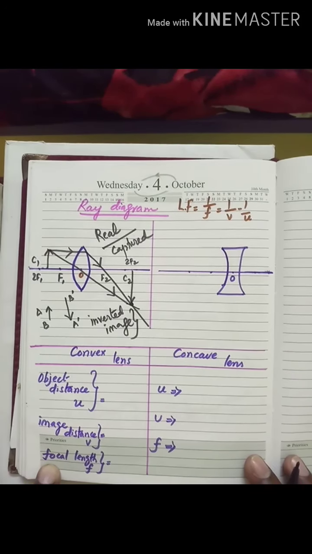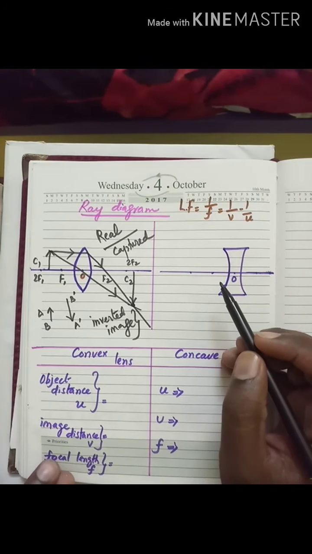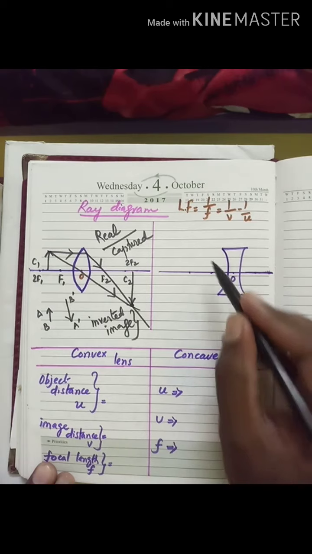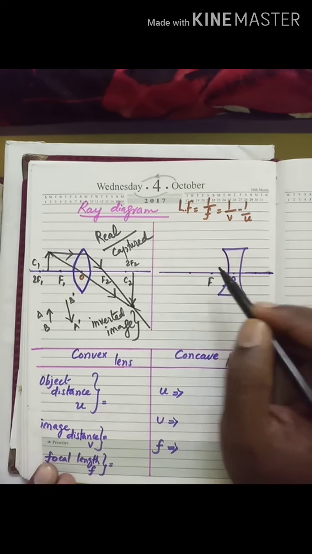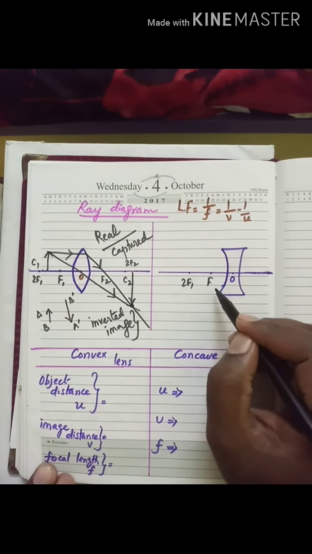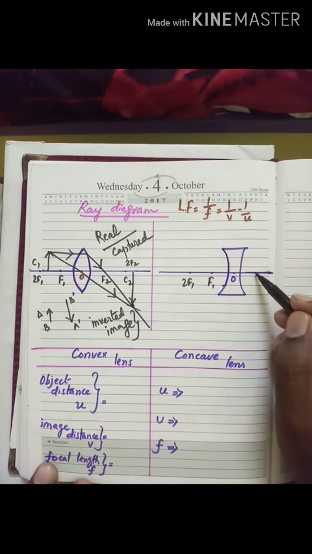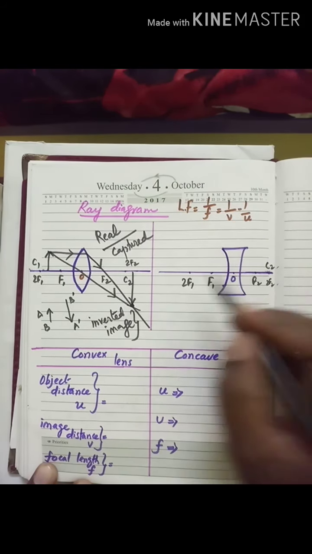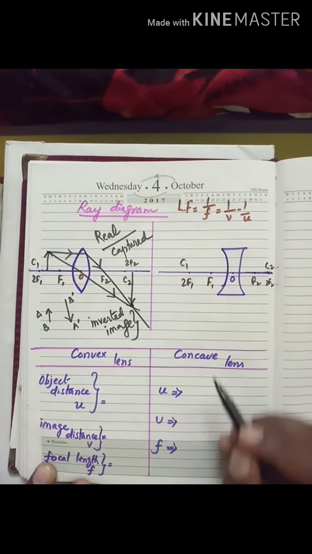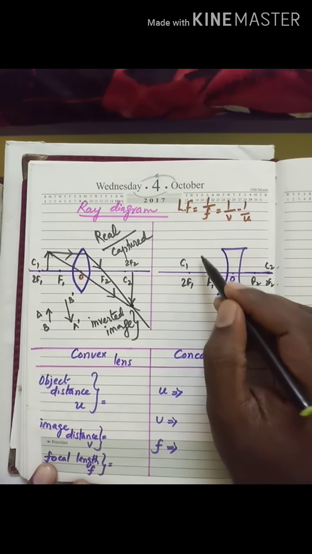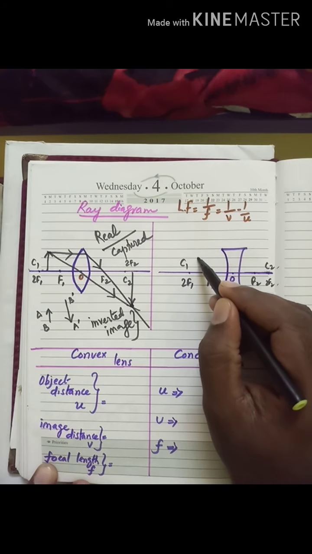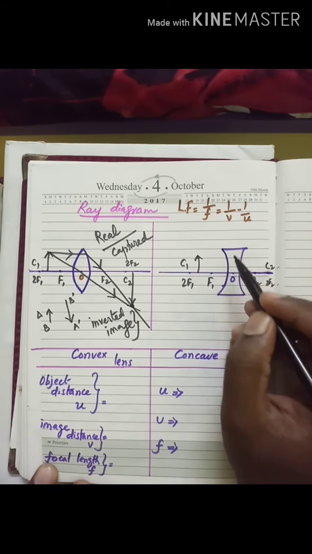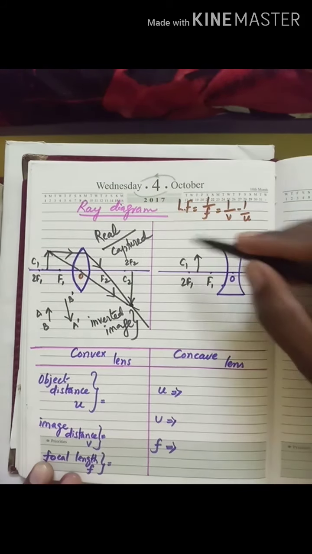Let us come to here. This is the concave lens. That is, this position is the principal focus, f1 position, and 2f1 position. This is f2 and 2f2 position, or we can call them center of curvature 1 and center of curvature 2. Similarly, when an object is placed here between f and 2f before a concave lens, what happens?